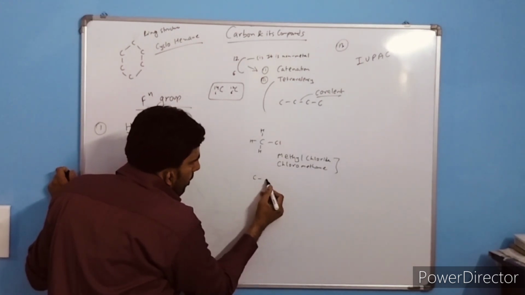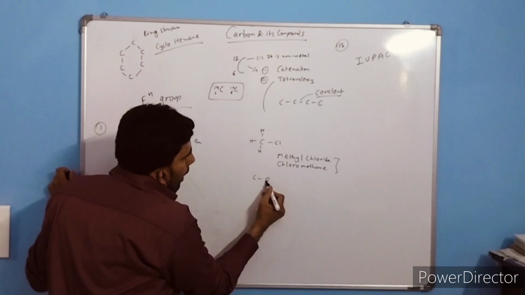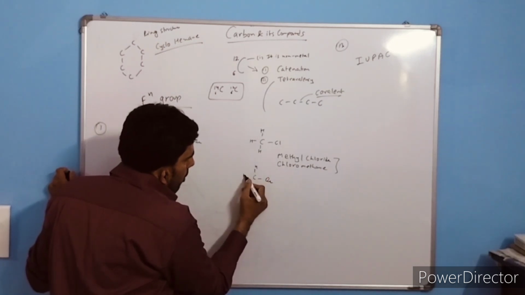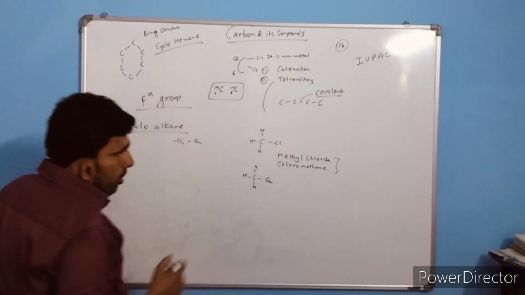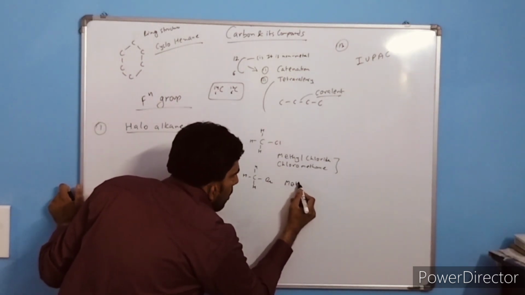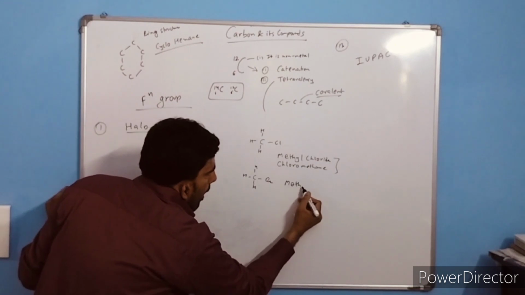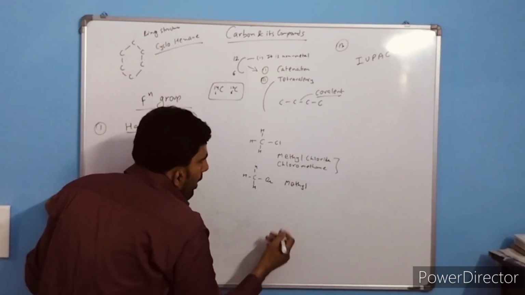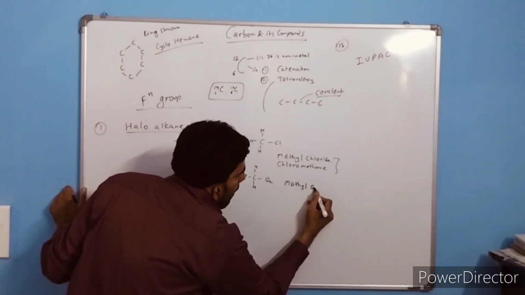Now I will use Br instead of one H. Same, one carbon, so I will say meth. One H has been replaced, so methyl, and Br means bromide.